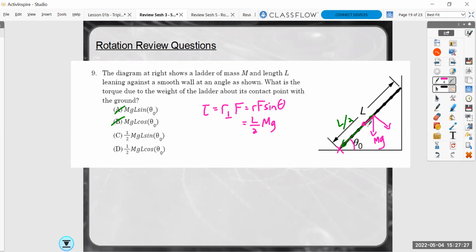This component of gravity isn't going to generate any torque. And we might remember from inclined planes that this component is mg cosine theta. Because if this is theta, this is 90 minus theta, which makes that theta again. So in this case, it is in fact 1/2 mgL cosine theta.